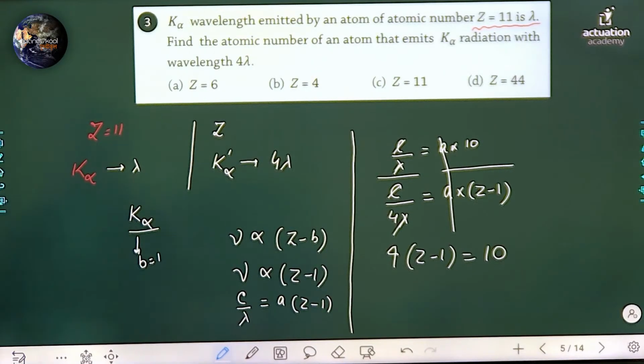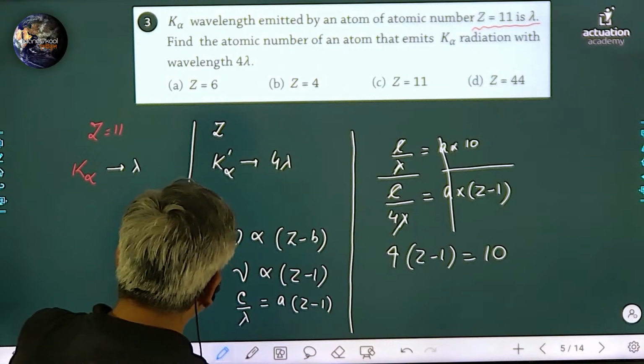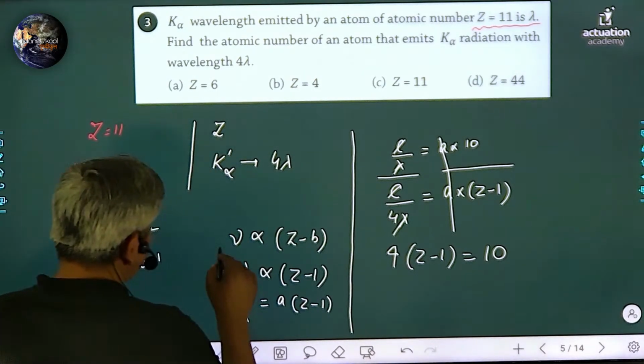For K alpha wavelength, the value of B is... okay, so we missed out something here. That's what I was looking at.